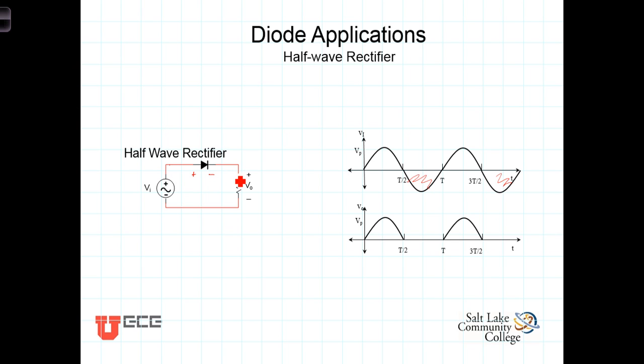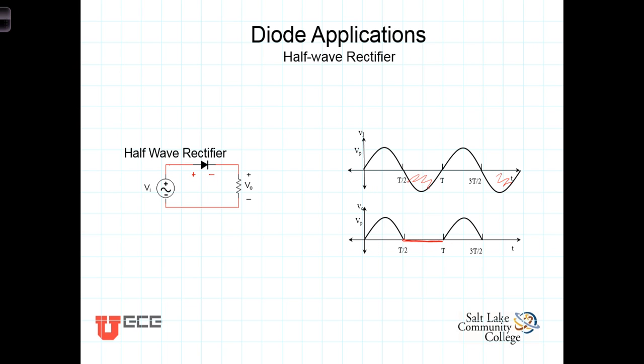There's a reverse bias, so the diode won't conduct. If there's no conduction, that means there's no current going through the resistor, and since the voltage across the resistor is equal to the resistance times the current, there will be no voltage showing across here during the negative swing of the source. So during the negative swing of the source, that negative is effectively lopped off, and at the output we have only positive voltages present.